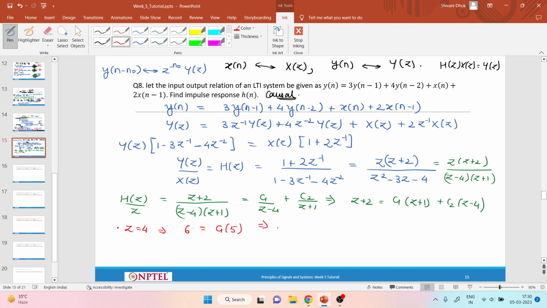So this implies that my c1 is equal to 6 by 5.